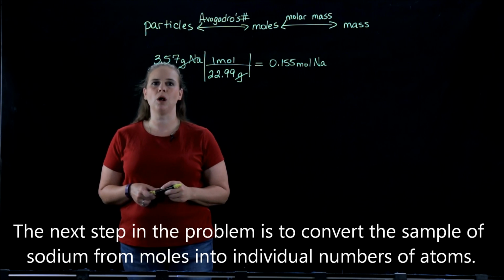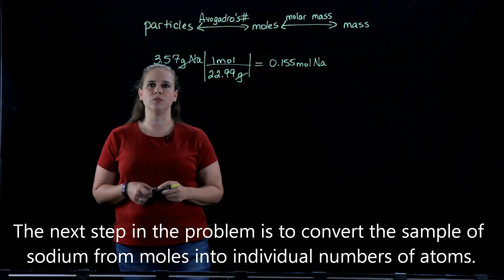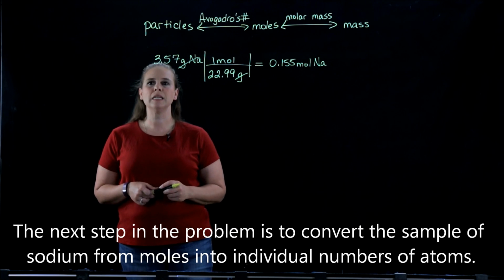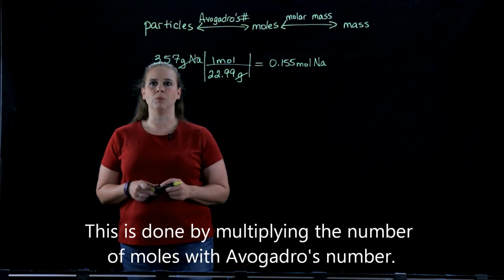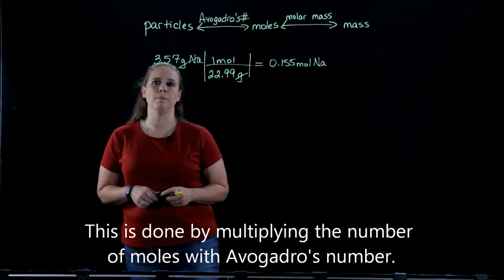The next step in the problem is to convert the sample of sodium from moles into individual numbers of atoms. This is done by multiplying the number of moles with Avogadro's number.